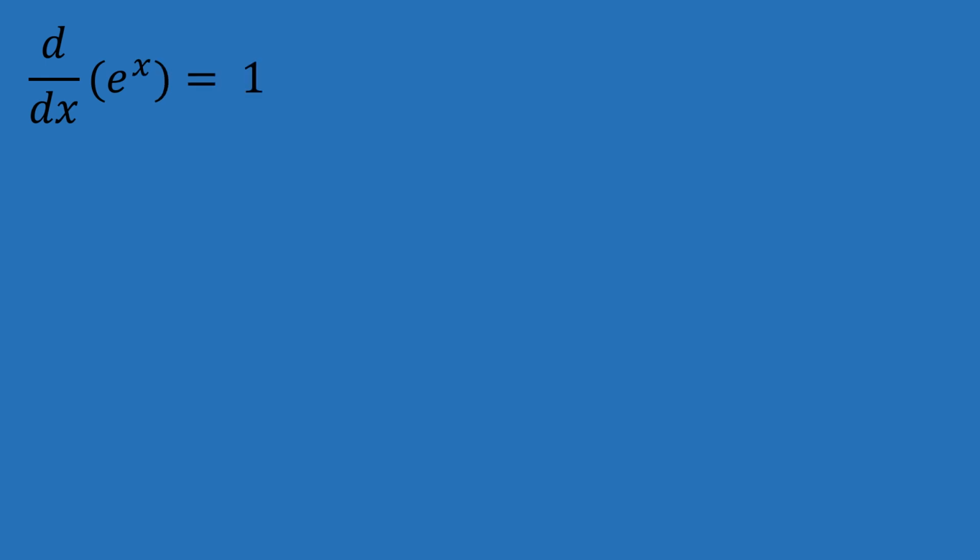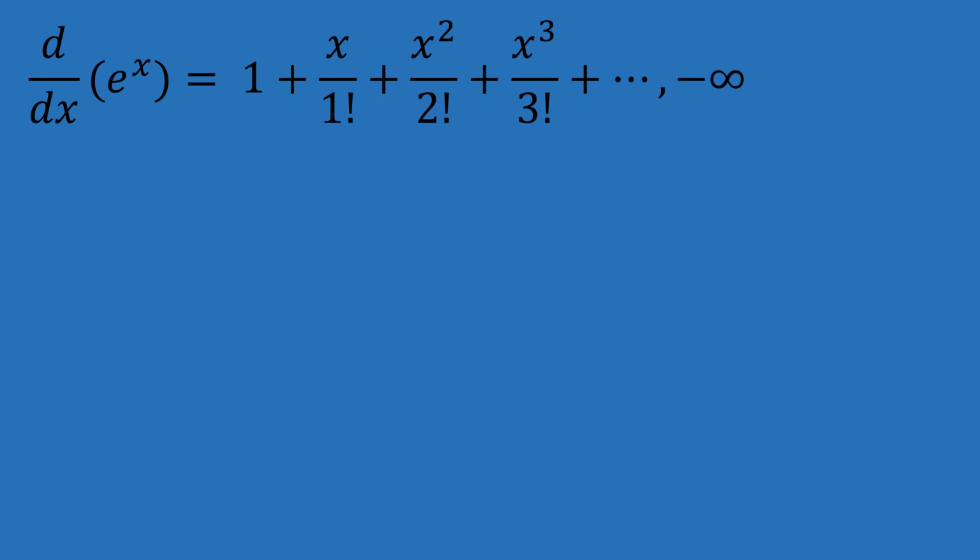So just rewriting it once again, when we differentiated e raised to the power x, what we have is 1 plus x over 1 factorial plus x squared over 2 factorial plus x cubed over 3 factorial.